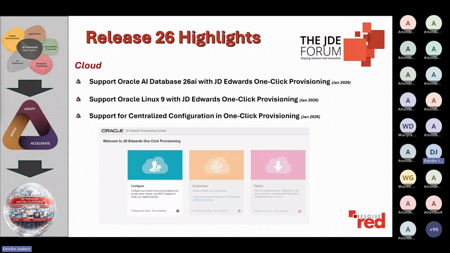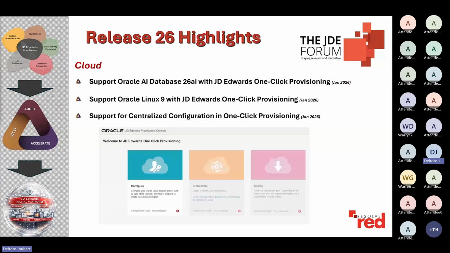Our first subtopic in the technical highlights is the cloud platform and what Oracle has enhanced on the one-click provisioning. With the tech updates for April, Oracle has enhanced the one-click provisioning utility, an automation framework that provides an intuitive and streamlined approach to rapidly deploy secure, scalable, and cost-effective JD Edwards environments.